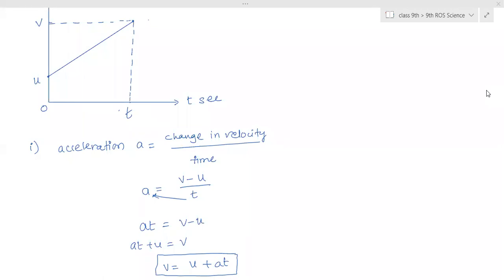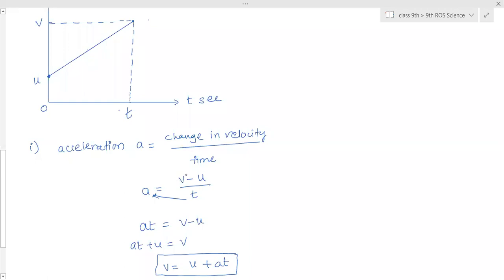Initial velocity is v, ma'am. Where is v? Initially from the graph, from where did it start? From 0 second, what is the speed? What is the speed when time is 0? It's u, ma'am, and then it keeps on increasing. As the time increases, the speed goes on increasing here, here, here. Finally, in time t seconds, what is the final velocity? v. So change in velocity is final velocity minus initial velocity.